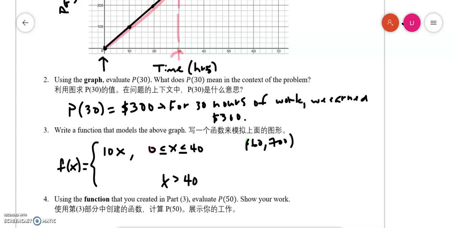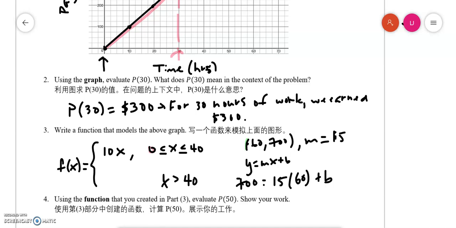We know our slope is 15. So let's figure out our line. We'll use y equals mx plus b. So 700 equals 15 times 60 plus b. 15 times 60 is 900.